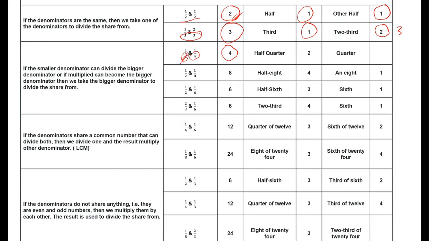We use the 4. So the case will be from 4. So half of 4 is 2, and 1/4 over 4 is going to be 1. And the remaining will go to someone who is asaba.